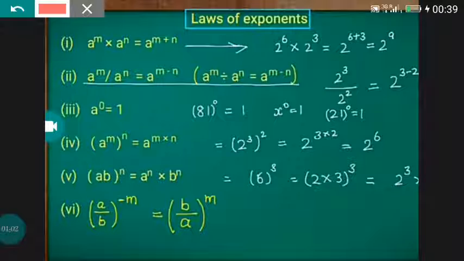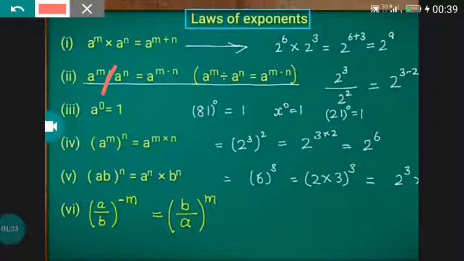What it says? Here we have a raised to power m divided by a raised to power n. So what it becomes equal to? A raised to power m minus n. Fine. So basically what is the concept here? When the base is same, see, a is the base in both numerator as well as in denominator. And what is the operation?